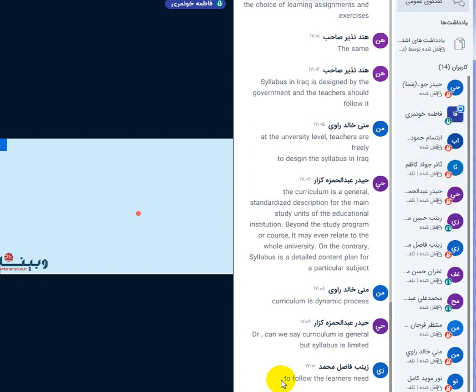Curriculum is general, and we are going to discuss how general it is, what stages are involved in the development of a curriculum, and what part syllabus plays in the whole curriculum development process. Syllabus is limited to the classroom. Syllabus is only limited to one subject matter, but curriculum is a more general statement of the purpose related to a whole educational program in general.